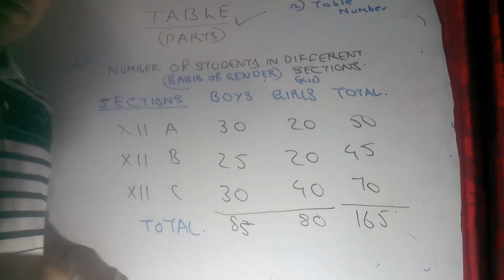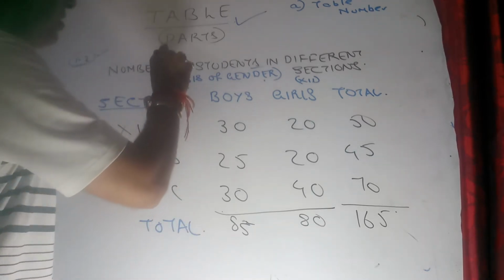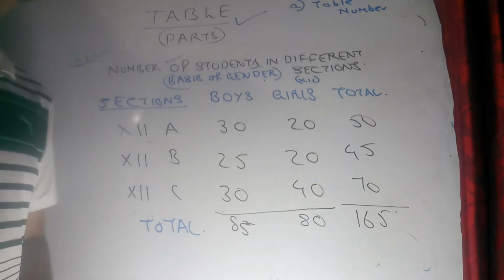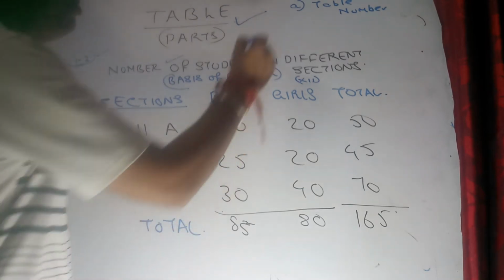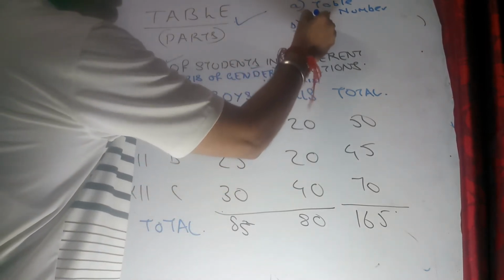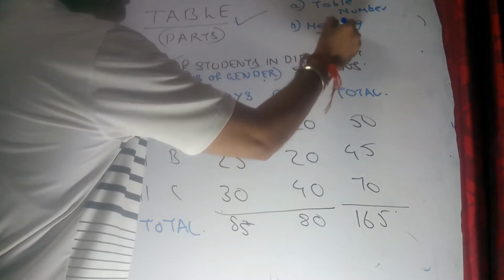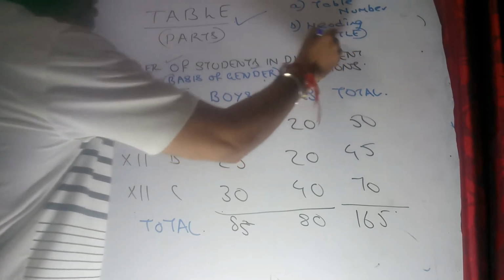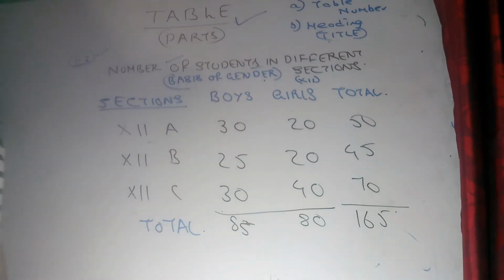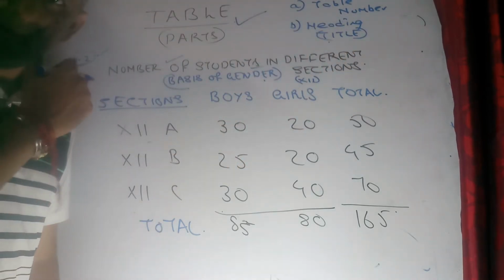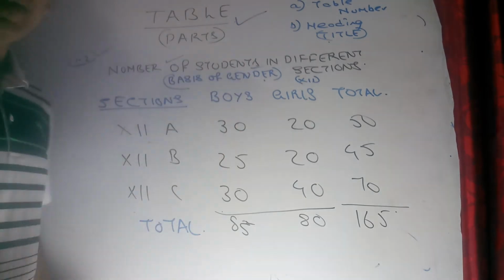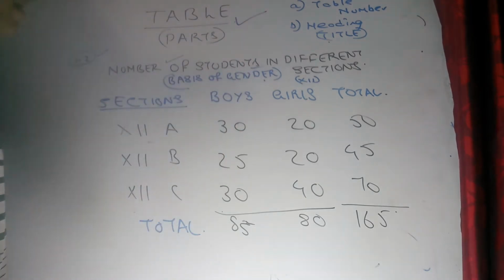The next point to be taken into account is the heading of the table, right? The heading, also called the title, is number of students in different sections. Clear? So this is the title of the table.